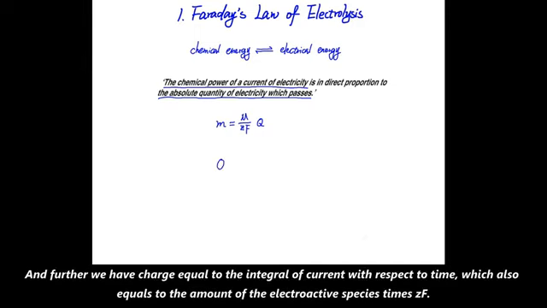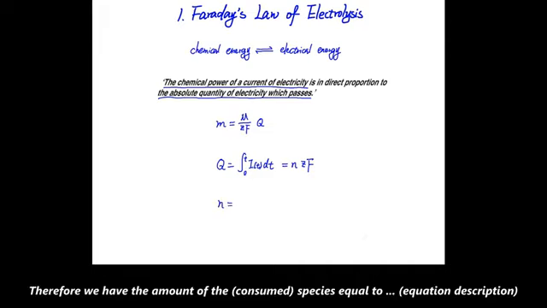Further, the charge equals the integral of current with respect to time, which also equals the amount of the electroactive species times Z and F. Therefore, the amount of species equals 1 over ZF times the integral of the current with respect to time.